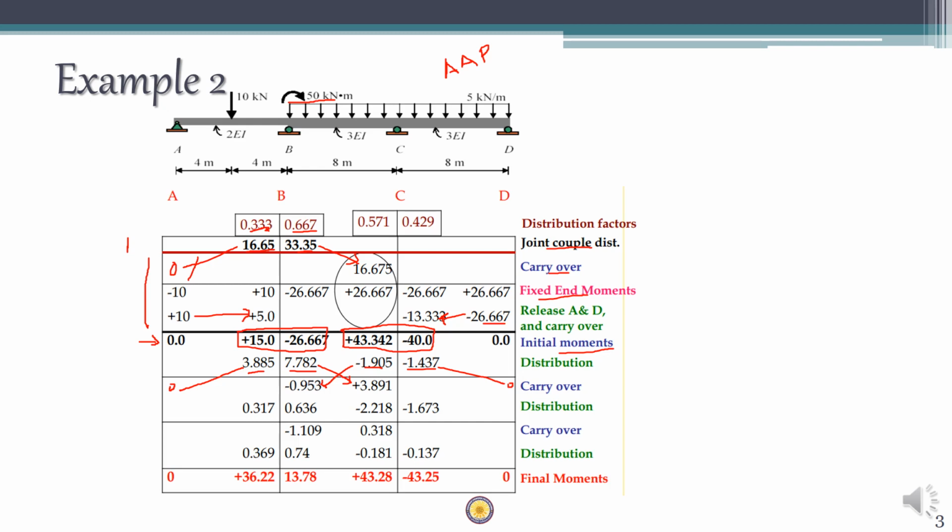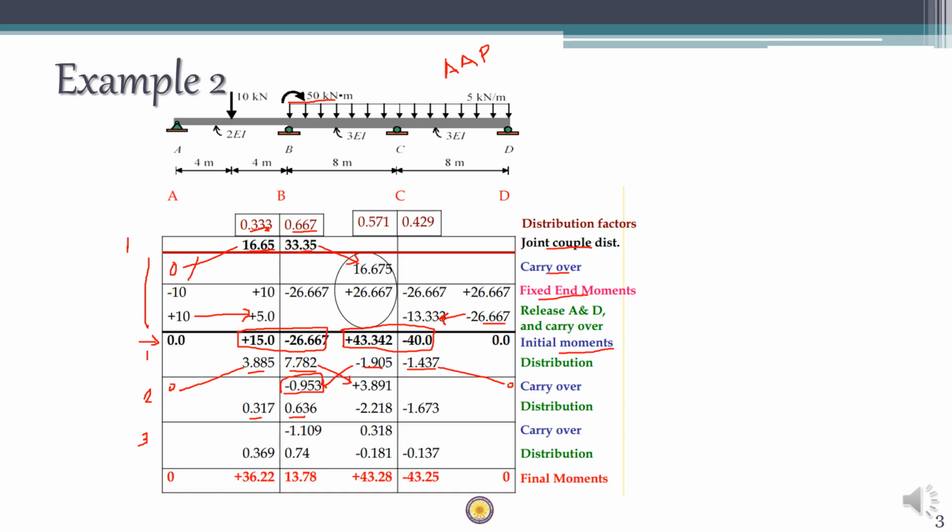Okay, so once you get that, this first iteration is carried over and finished up to this distribution. Then you do a similar second iteration, and you can continue to a third iteration as well. Once you obtain this, it is again an unbalanced moment, minus 0.953, so this has to be distributed: plus 0.953 multiplied by 0.33, this is the value, plus 0.953 multiplied by 0.667, this will be the value.